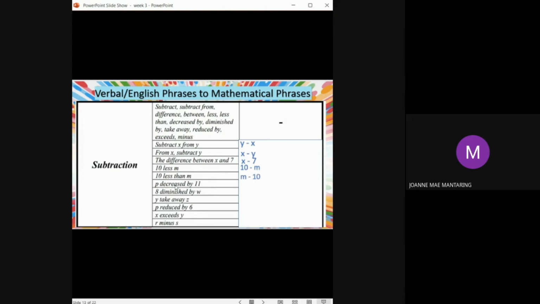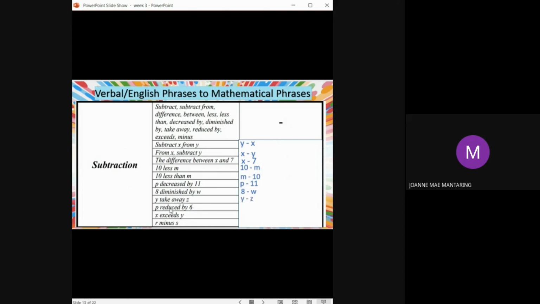Okay. Another example we have here is p decreased by 11. So p minus 11. And then another one is 8 diminished by w. So 8 minus w. Okay, another one, y take away z, that is y minus z.